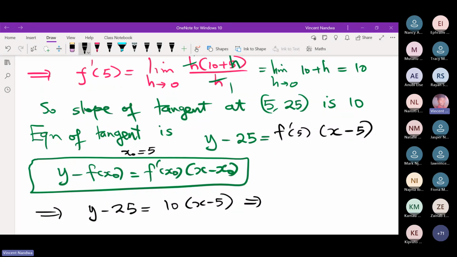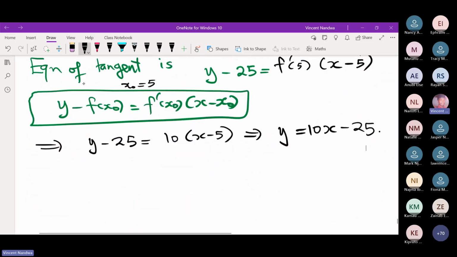So I want you to open the brackets and simplify and tell me, if you write the equation in the form y equals mx plus c, we'll have y equals 10x minus 50 plus 25, which reduces to 10x minus 25. Minus 25, correct. Good. Then what would be the slope of the normal?